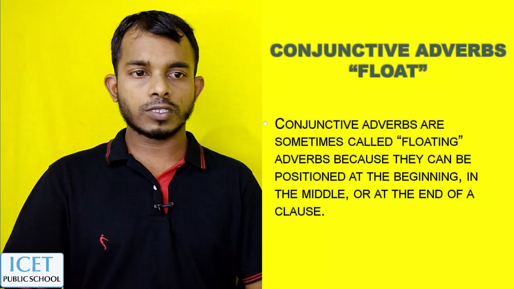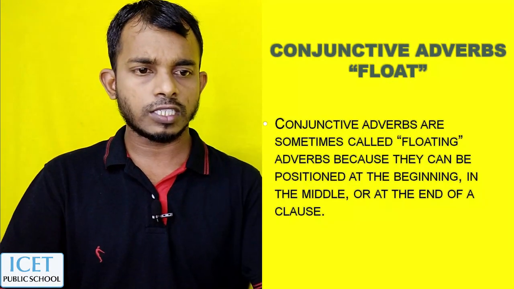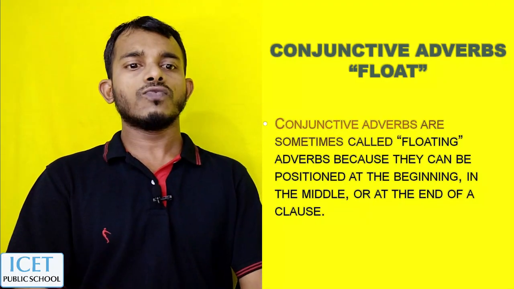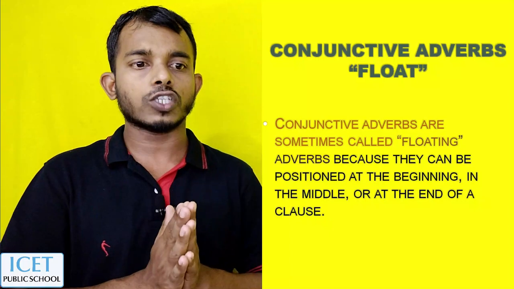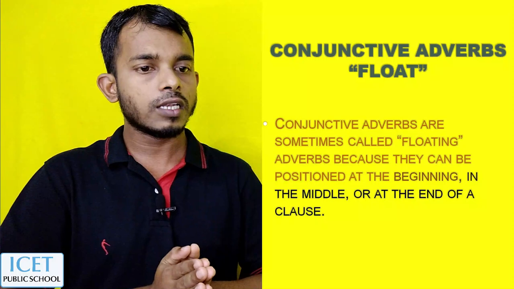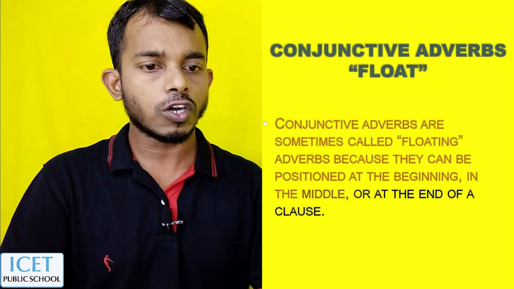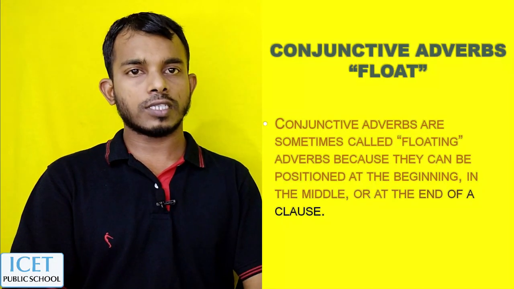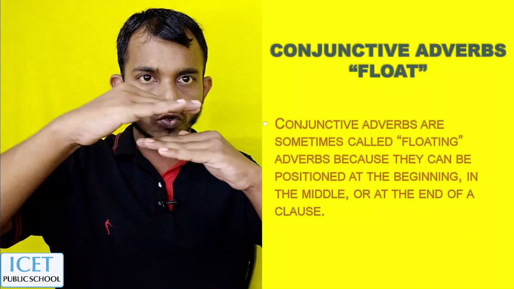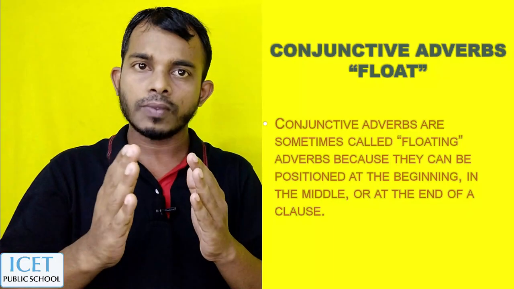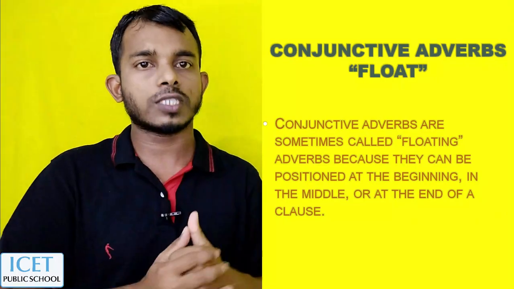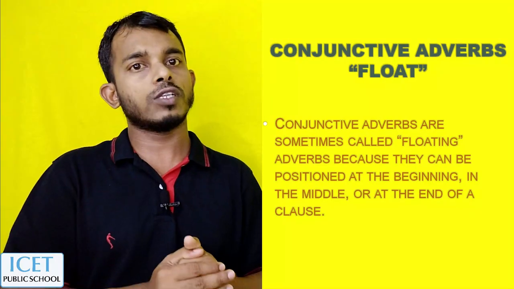Conjunctive adverbs also float. So what does it say? Conjunctive adverbs are sometimes called floating adverbs because they can be positioned at the beginning, in the middle, or at the end of a clause. What I said: a conjunctive adverb does not only come in the middle of the two clauses; it can come at the beginning of the sentence, the end, or the middle also.